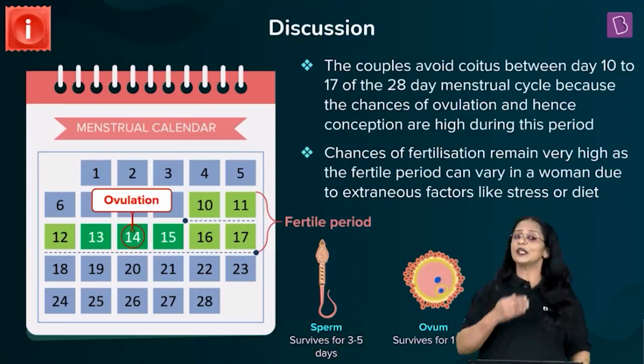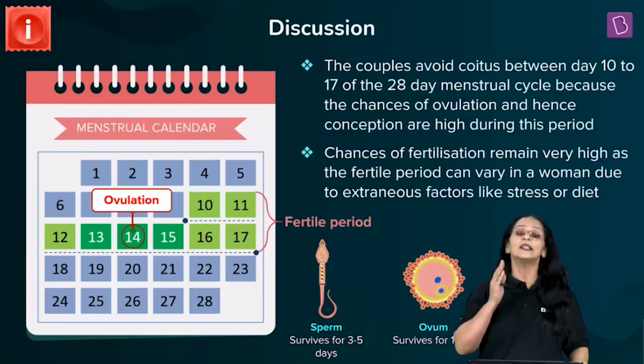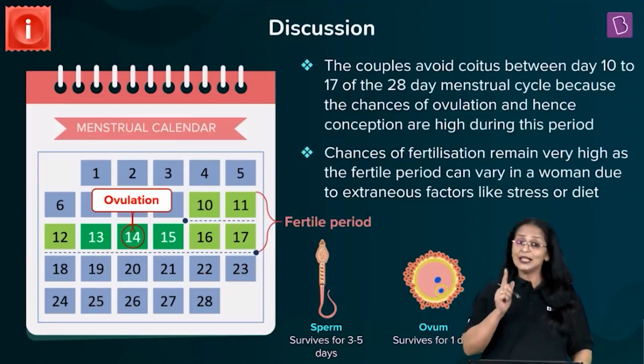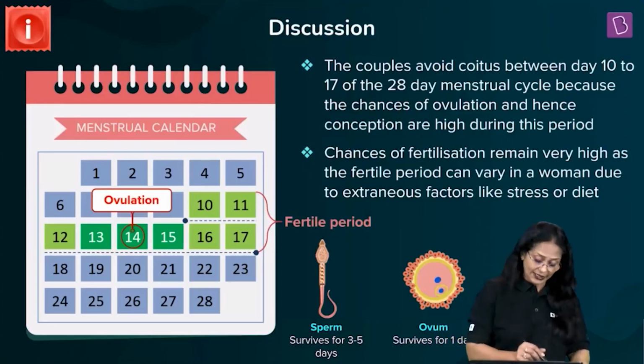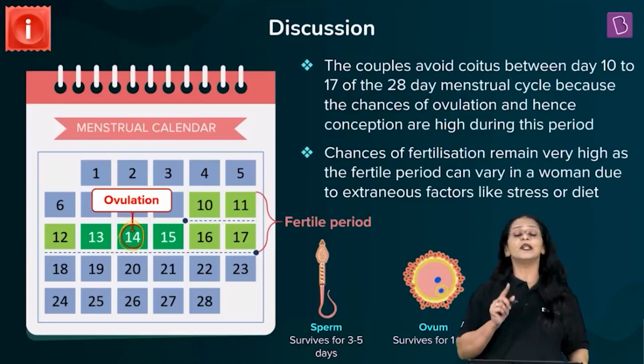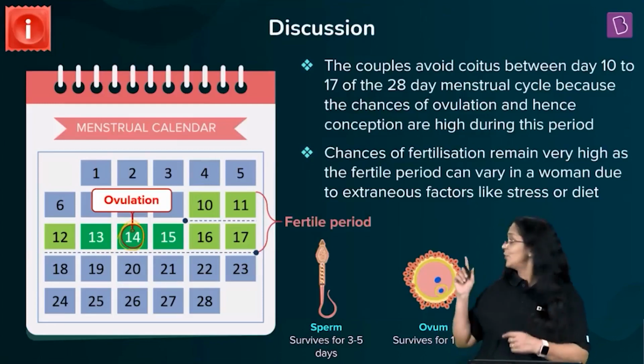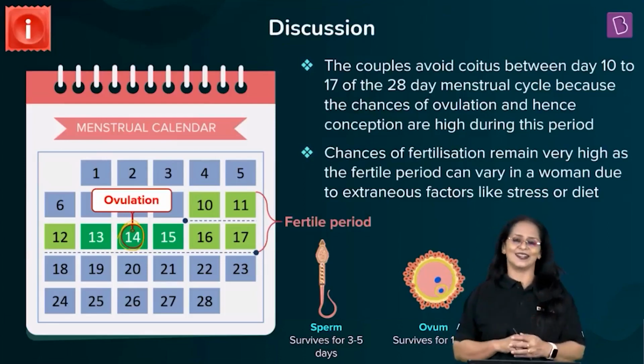So, day 10 to day 17 are considered the fertile period. Now, why is this so? That is because in a 28-day cycle, we can expect ovulation to take place on the 14th day or the 13th or the 15th day, which is why those boxes are dark green in color.